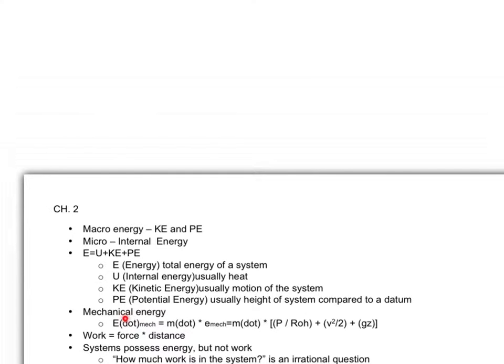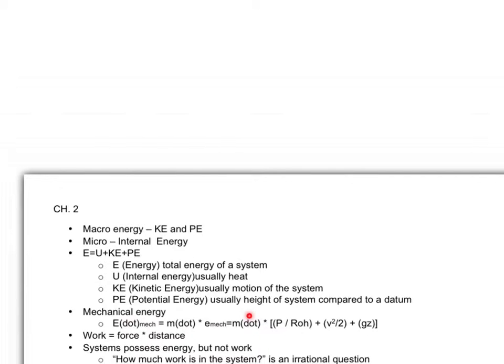So you can formulate this also from your m dot, or your mass per second, multiplied by your pressure divided by the density of your fluid, or whatever system you're dealing with, plus your velocity squared divided by 2, which is just like a direct reference from 1/2 mv squared, our kinetic energy formula, and then our gravity times z, or elevation, which is our potential energy. So if you look, you'd have your 1/2 mv squared plus mgh times mass, plus pressure divided by density. And that will give you the total mechanical energy of your system.